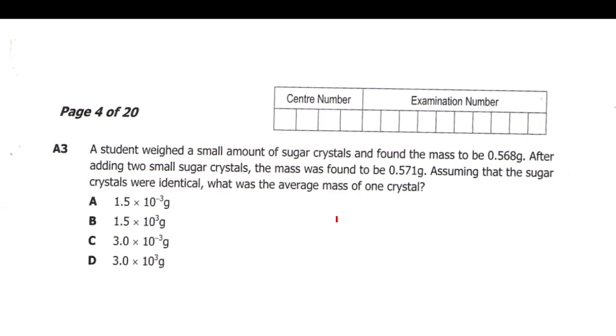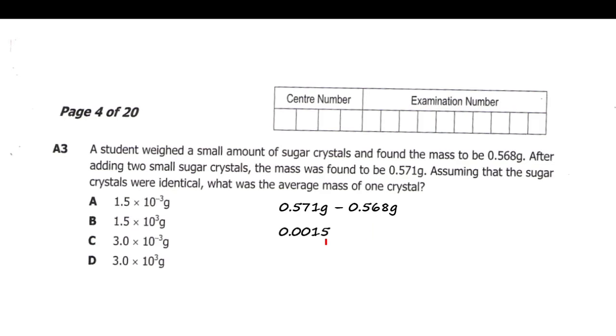So for us to know the average mass of one crystal, we have to subtract this initial mass from this, and then since there were 2 crystals, divide by 2. So here we'll say 0.571 minus 0.568.